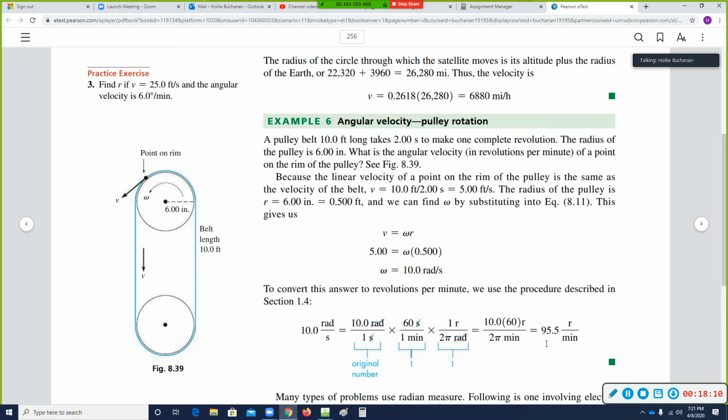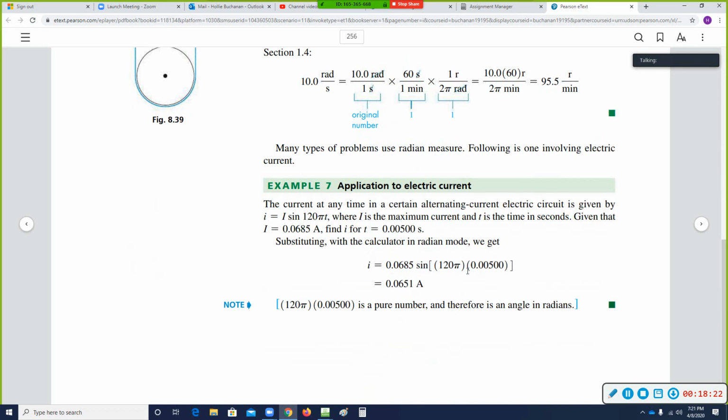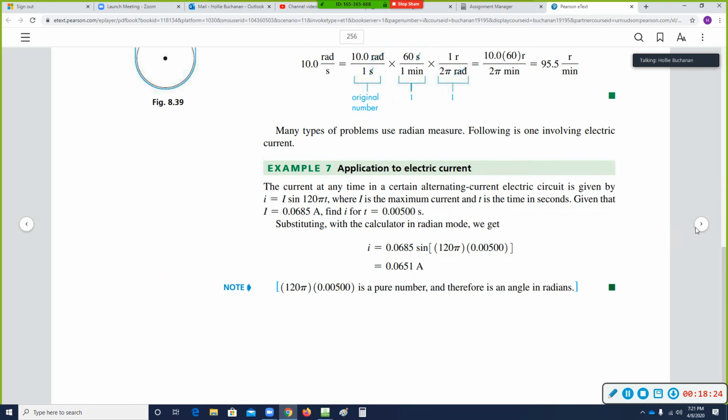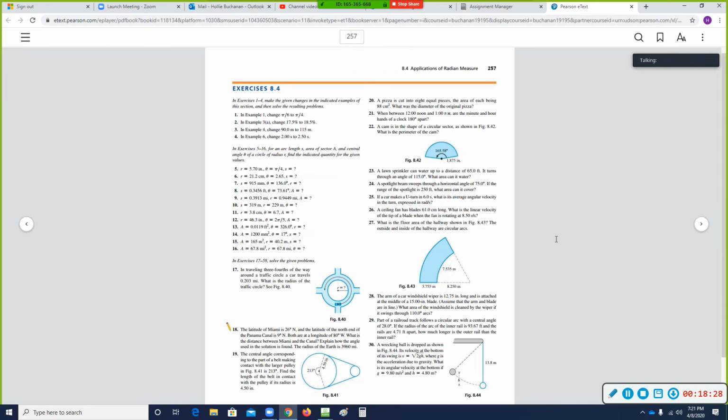Gives us linear velocity. Or if we know linear velocity and radius, then we can determine angular velocity. If we know any two of those values, then we can figure out the third one. There are lots of other examples that use radian measure, and I am out of time, so I'll shut up.